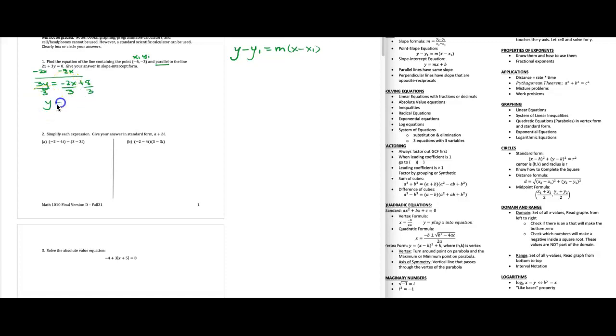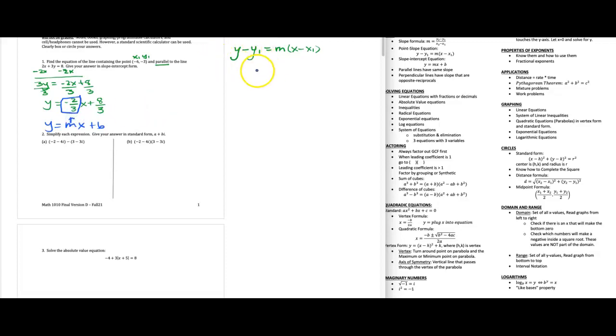And so y equals -2/3 x plus 8/3. Once I have it in this form, then that number in front of the x is my slope. So 2 is not my slope up there because it's not in the y equals mx plus b form. Remember that in y equals mx plus b, m is the slope and b is the y-intercept. Okay, so we found the slope.